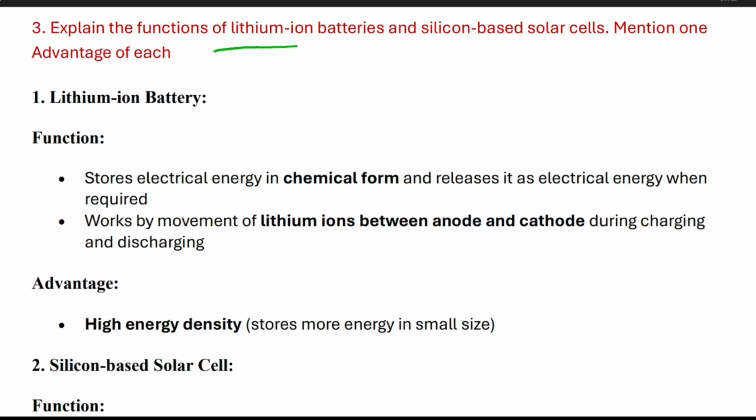Next, explain the function of lithium ion batteries and silicon based solar cells. Mention one advantage. Lithium ion batteries: coming to the function, what is the use of lithium ion batteries?